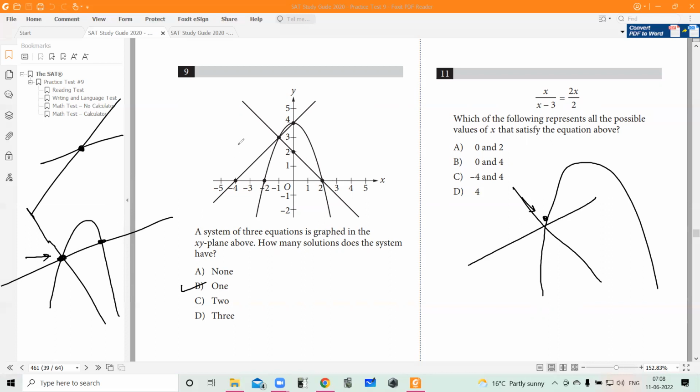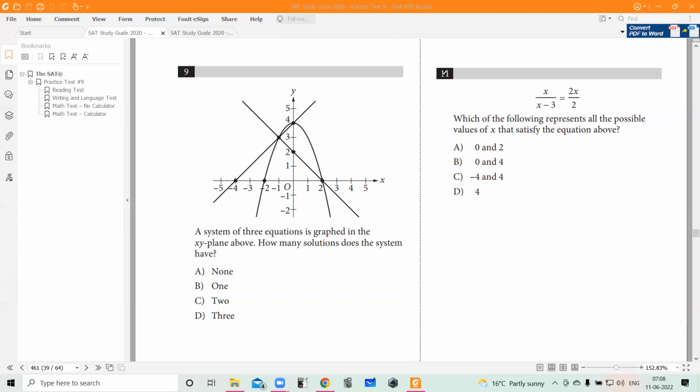So how many points are those where all 3 are meeting? It's only one point, and that's here. Otherwise, if you take it independently, then the solution will be the x-intercepts, obviously. But you are taking a system, so you have to check which one is common to all 3. There's only one, and that's the answer.